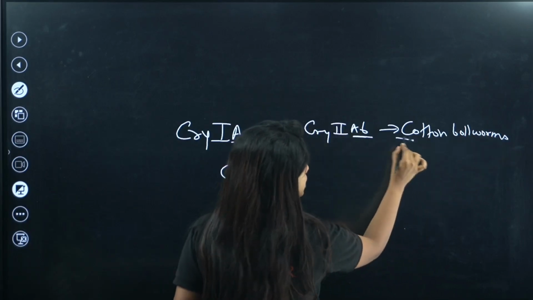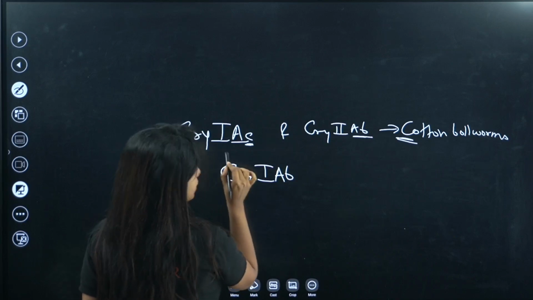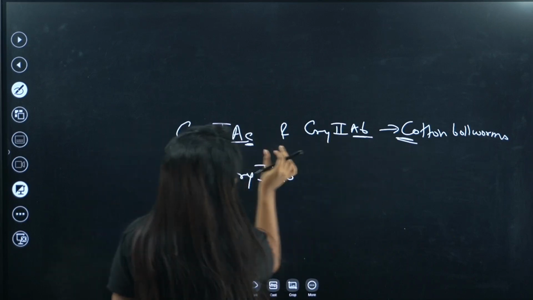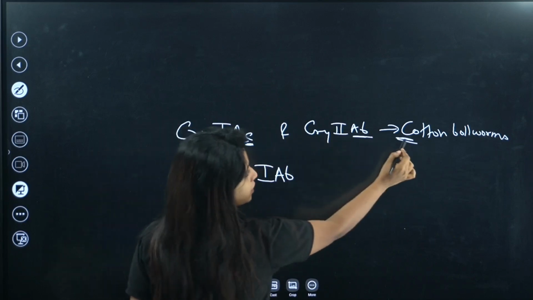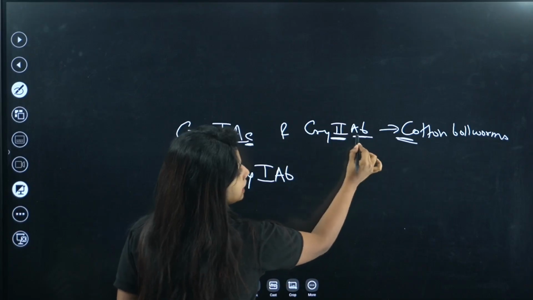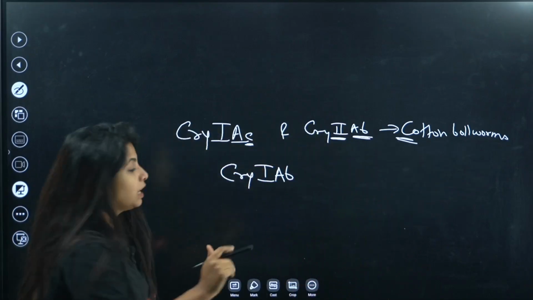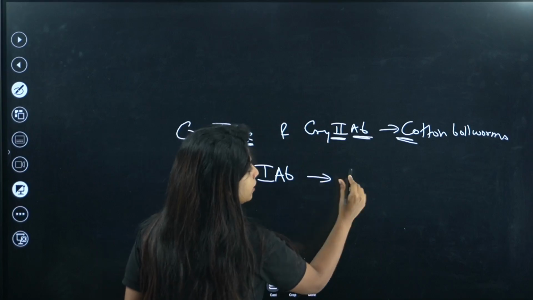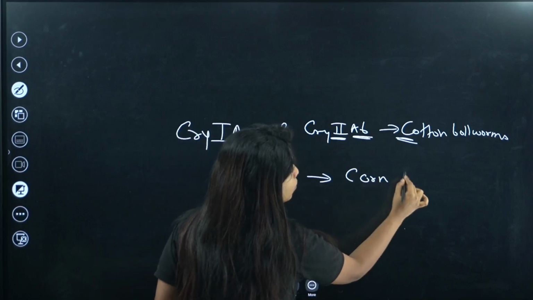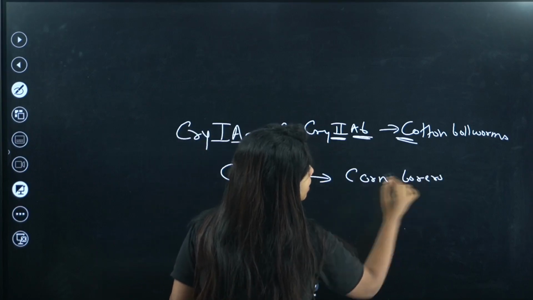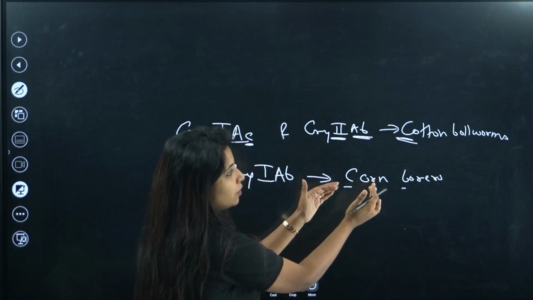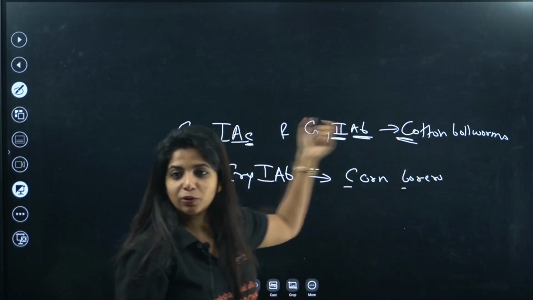So you can remember C over here. The first letter is C and that is cotton. Now the second letter is B, that is bollworm. So cotton bollworms. Now cry1Ab is the one that basically kills corn borers. Here also C and B are there, but this is smaller. That was bigger. So that is why you need two of them.